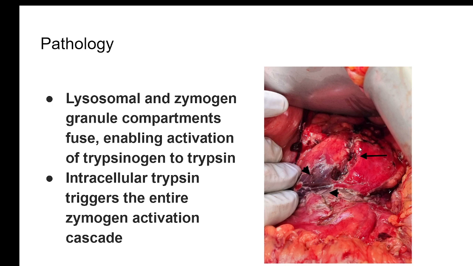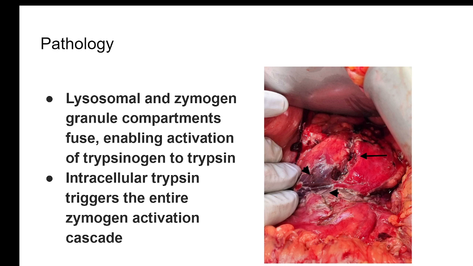This is a typical presentation of acute pancreatitis in intraoperative findings, and that's the most dangerous issue also, because trypsin is a very powerful enzyme, and if it leaks into the peritoneum or gets into the system, it can produce digestion of any organ. That's why pancreatic surgery is always considered a high-risk surgery.